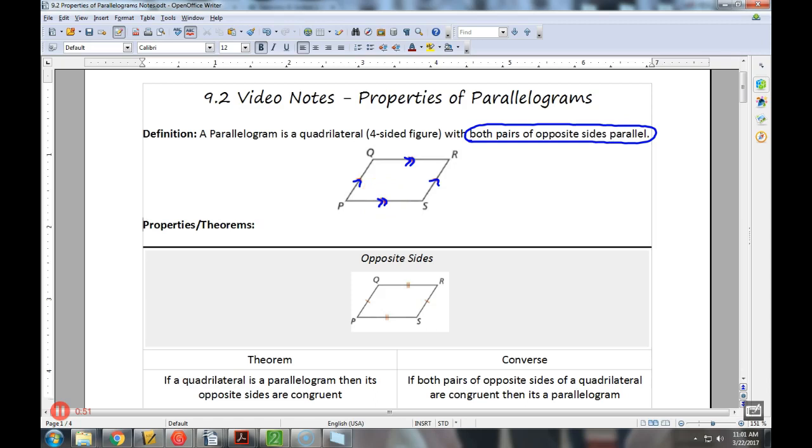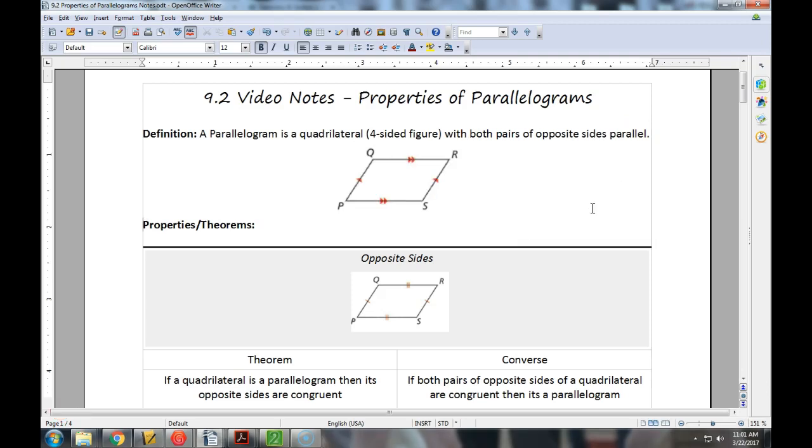Now there's a whole bunch of other properties that come with this, most of them focusing on parallel lines, because remember, when you have a set of parallel lines and a transversal cutting across, you have corresponding angles that match, alternate exterior, alternate interior, and same side interior angles. So there are a lot of properties that fall out because of parallel lines.